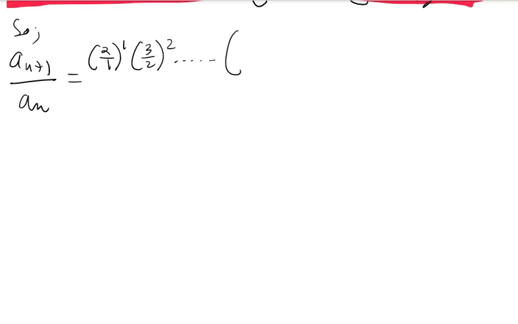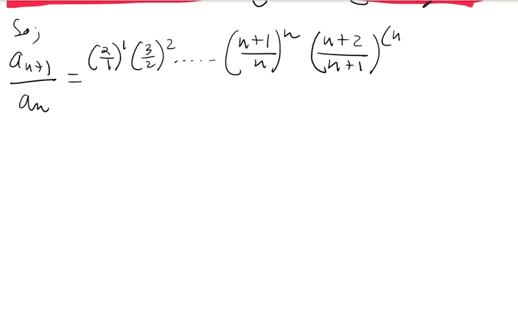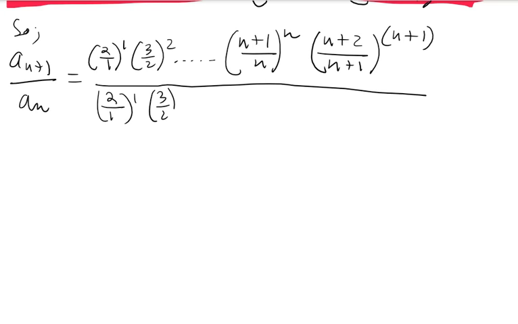So a n plus 1 divided by a n is equal to 2 by 1 to the power 1, 3 by 2 to the power 2, dot dot dot, n plus 1 whole to the power n, then n plus 2 divided by n plus 1 whole to the power n plus 1, and down here it's 2 by 1 to the power 1, 3 by 2 to the power 2, dot dot dot, n plus 1 divided by n to the power n.